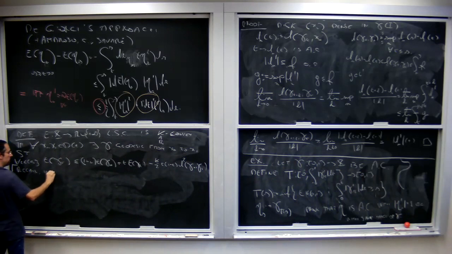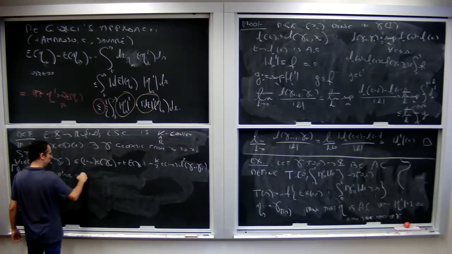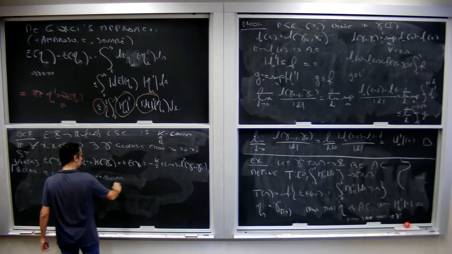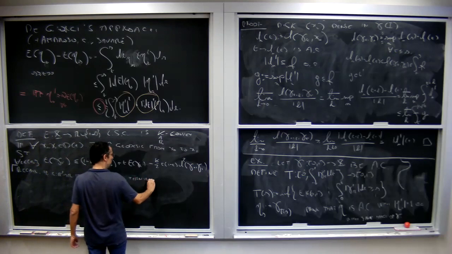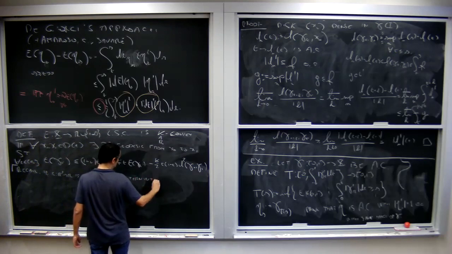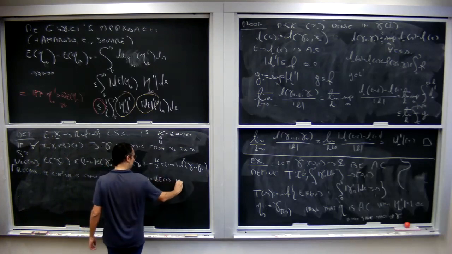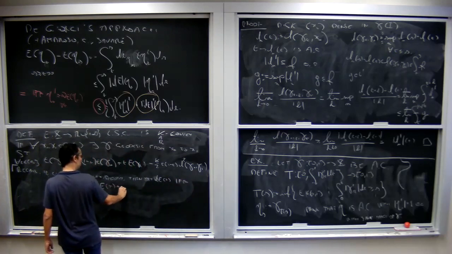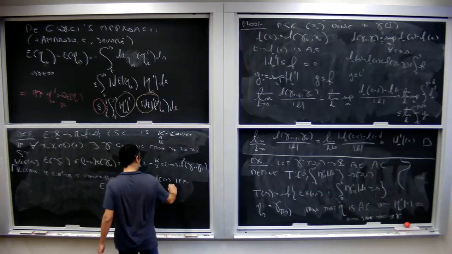If, say, E from R^d to R is convex, let me say convex smooth, smooth is totally irrelevant, then you know, W is the differential of E at X if and only if E of X plus W applied to Y minus X is less or equal than E of Y for every Y.